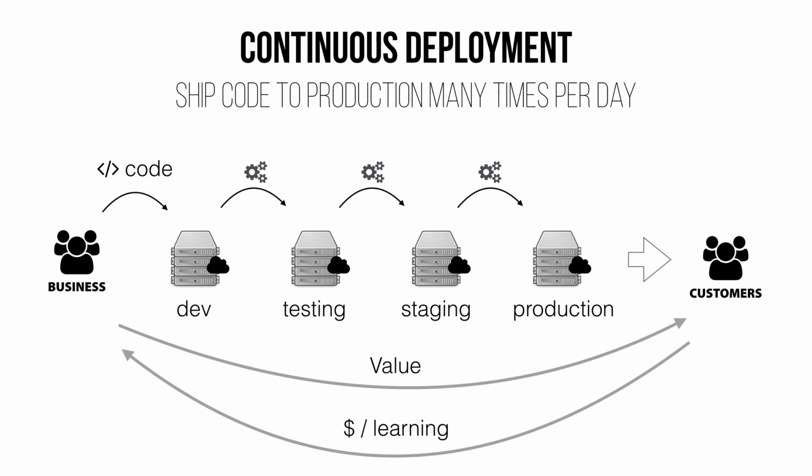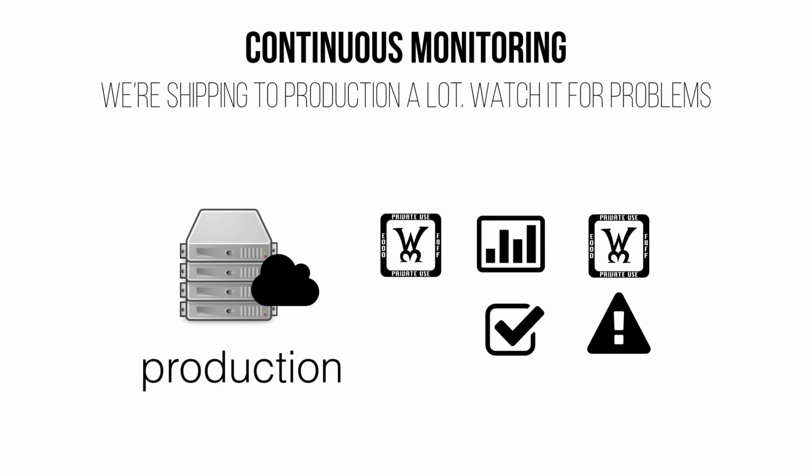Another best practice of DevOps is finally continuous monitoring, and that's really important when you ship to production a lot. You have to watch for problems. So one problem may be, for example, my icons in this presentation are borked. That's the kind of thing I would like to detect in an automated fashion and be alerted about. So in continuous monitoring, we have all sorts of monitoring in production.